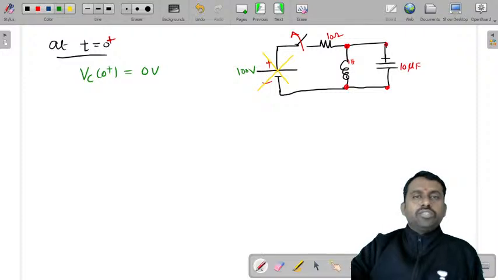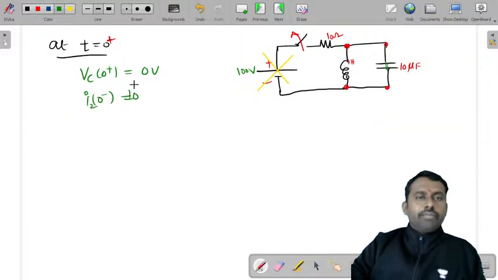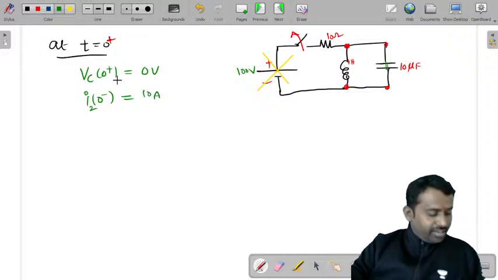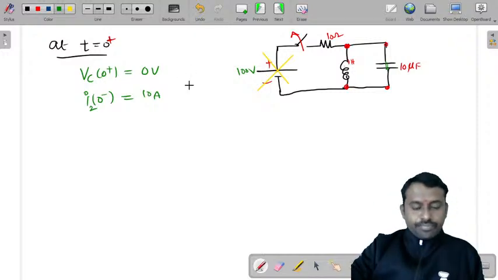Instantly it will become a short circuit, and this will be an open circuit. So I of 0 minus is equal to I2 of 0 minus is equal to 10 amperes, and VC of 0 plus is equal to 0 volts.